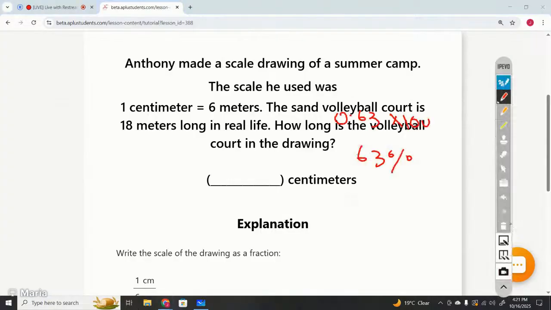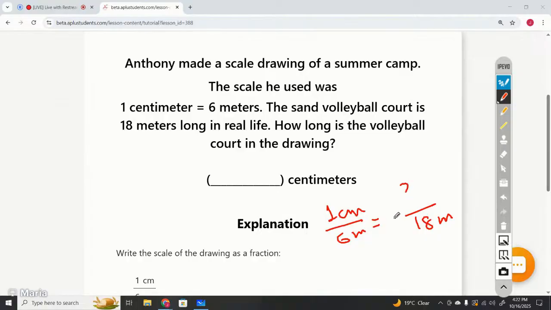1 centimeter equals 6 meters, right? Now here we have 18 meters. We need to write down how many centimeters it is, right?